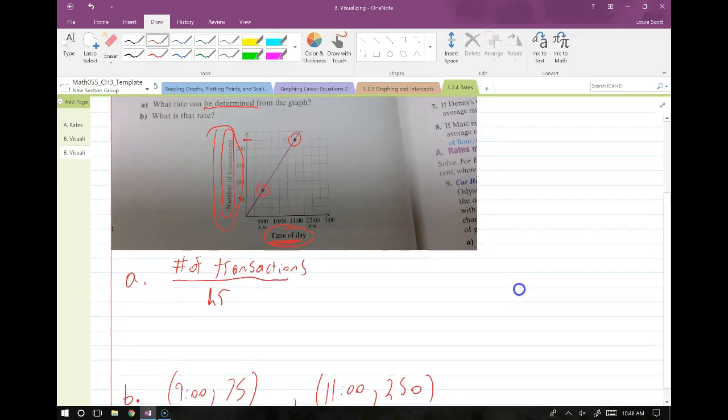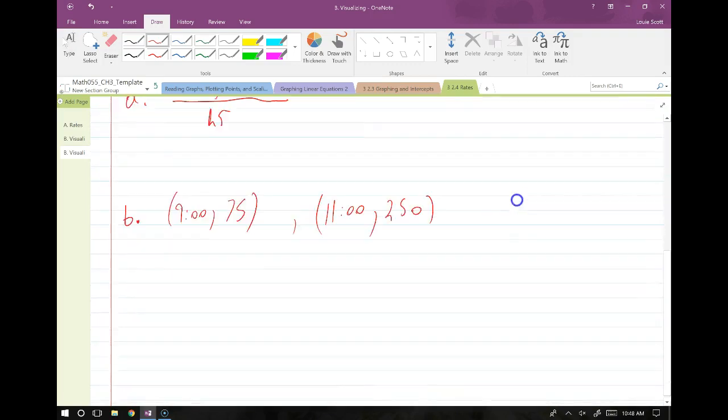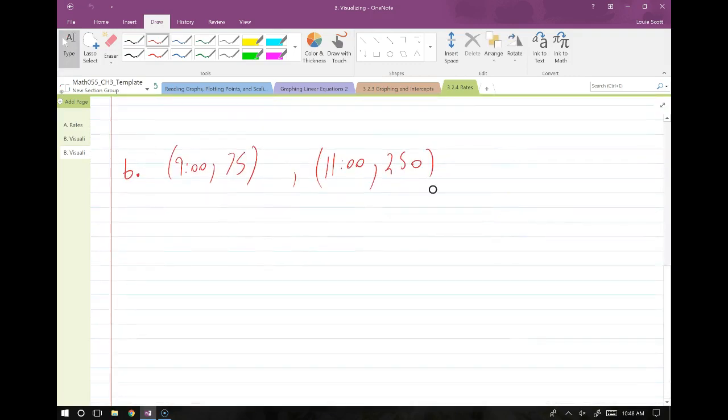This wants us to know the rate per hour that this is happening. So what we need to do is identify that. Transactions over hours is what we want to calculate. First, I'm going to say how many transactions happened in this interval of time.